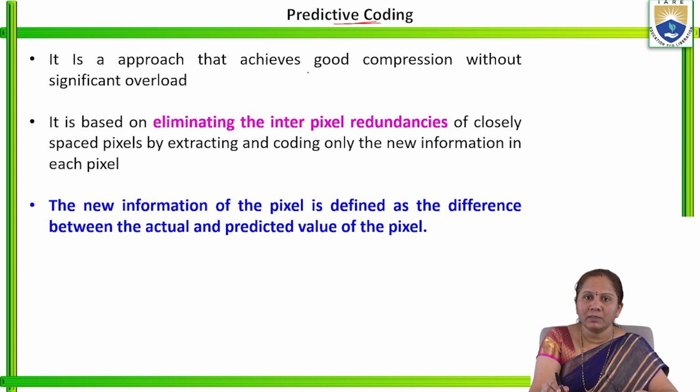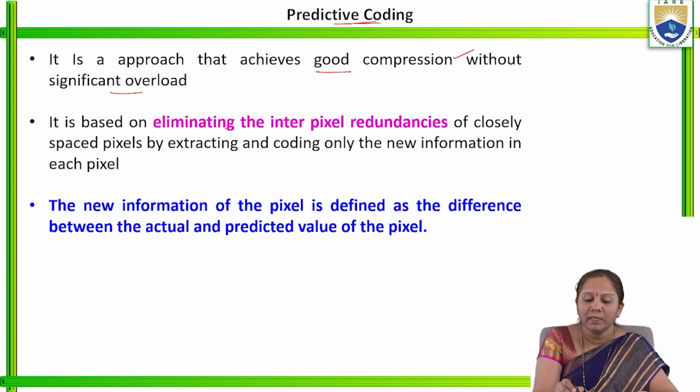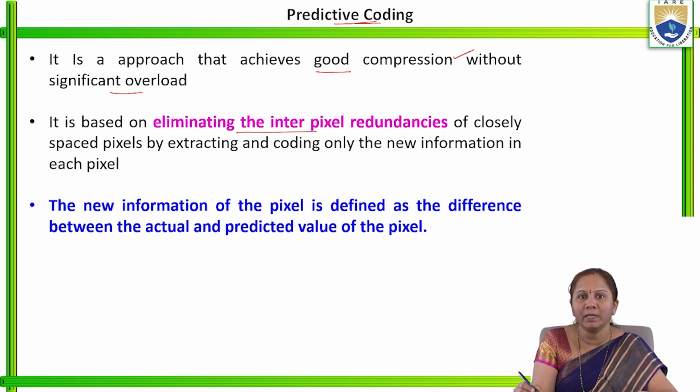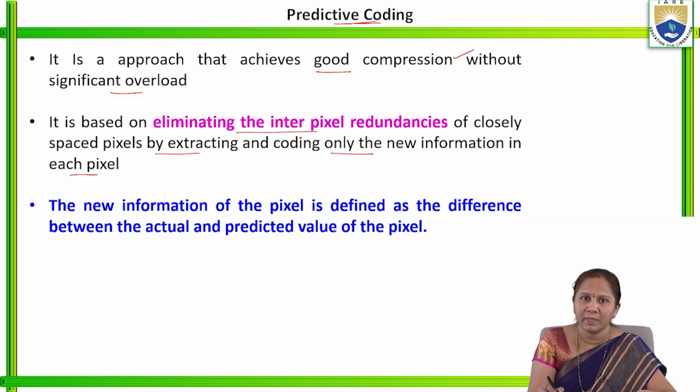Predictive coding is one of the approaches that achieves good compression without significant overhead. It is based on eliminating interpixel redundancy. It is going to eliminate the unnecessary, closely spaced pixels available in the image, by extracting and coding only the new information in each pixel.